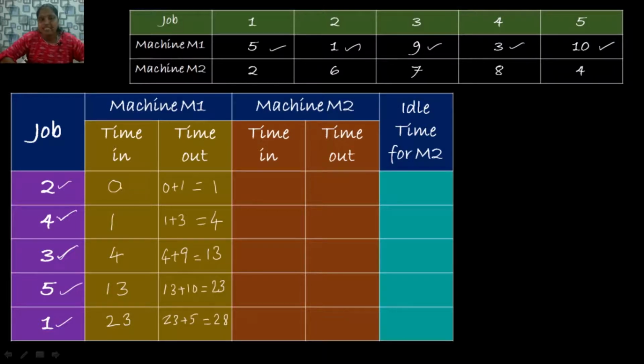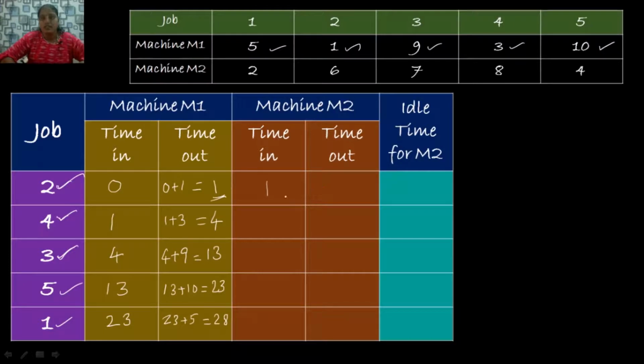But at 0 hour M1 has a job to process, while M2 doesn't have any job, because only after completing the processing time on M1 does M2 have a job to process. So it has to wait for 1 hour to get a job. So after 1 hour, job 2 enters into machine M2. So the in time of job 2 here is 1 hour.